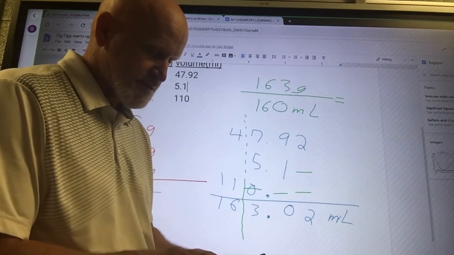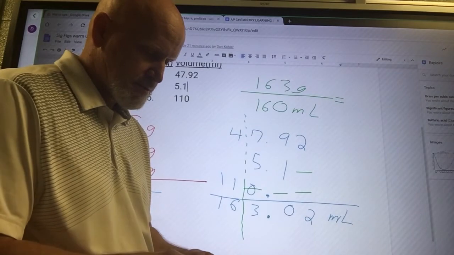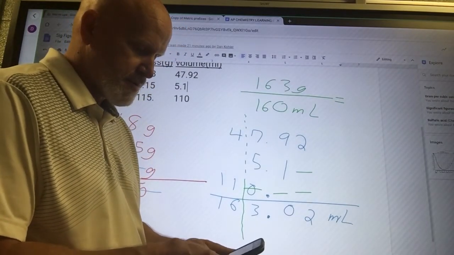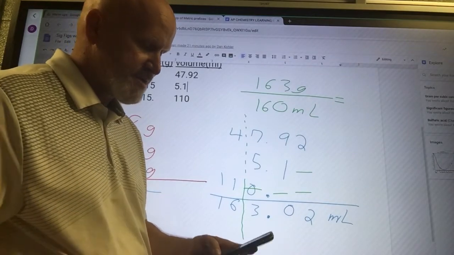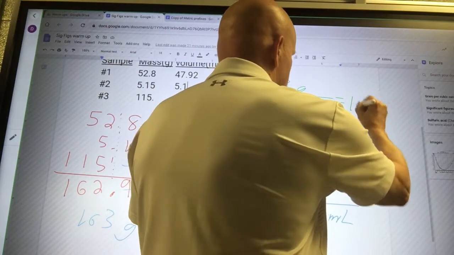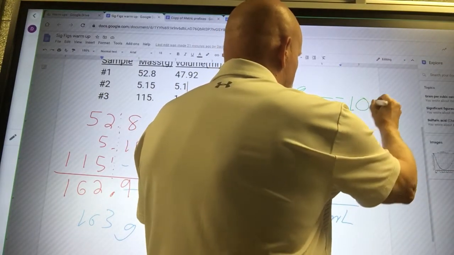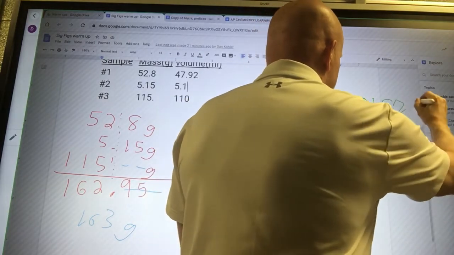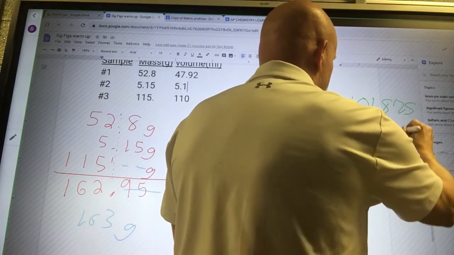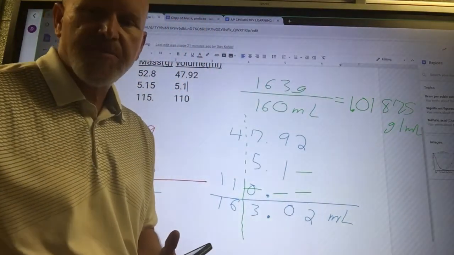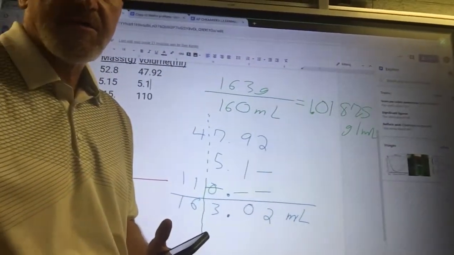All right. So 163 divided by 160 gives me this big old number. 1.01875, and the units would be grams per milliliter. Okay, isn't showing up the best right there, but you get the idea.